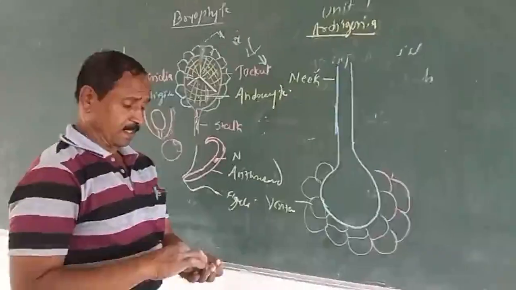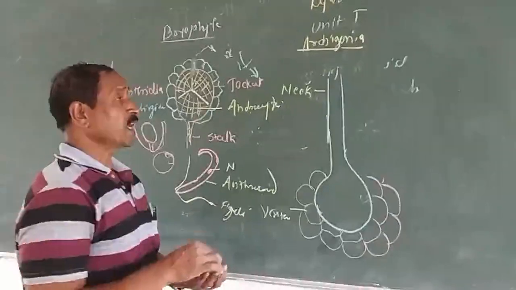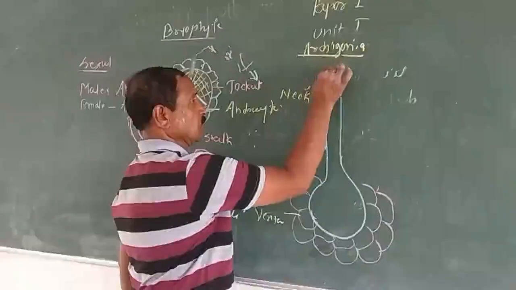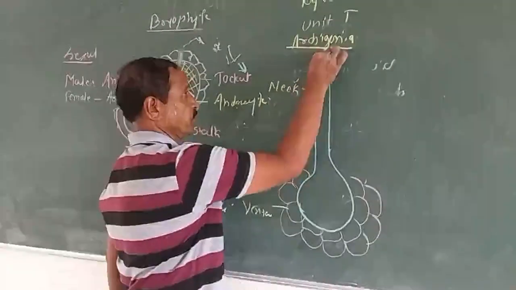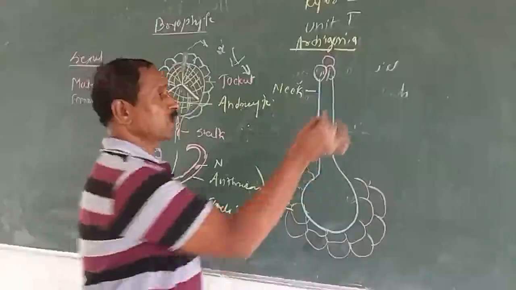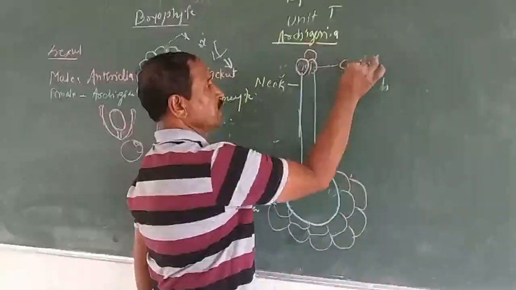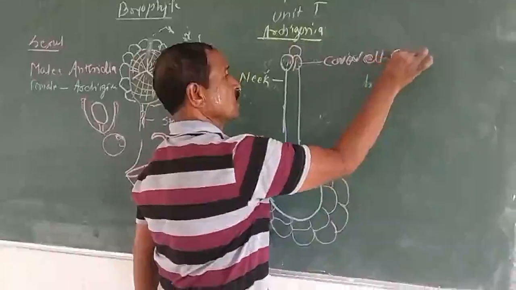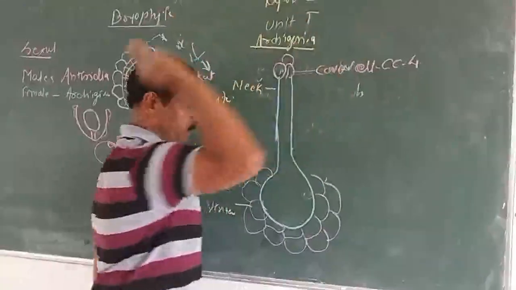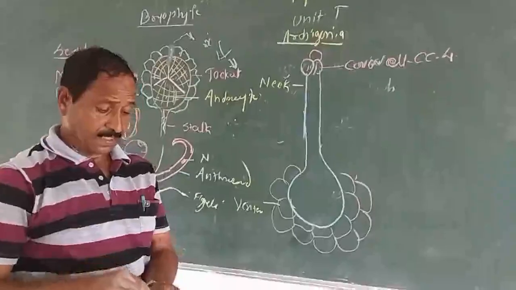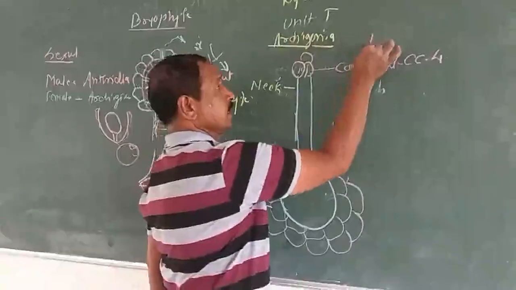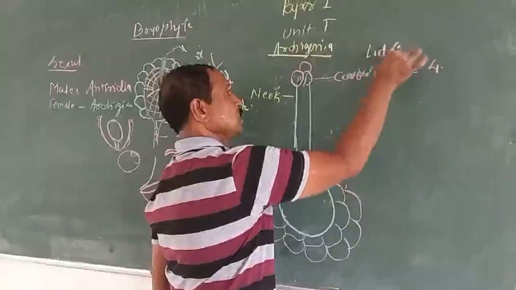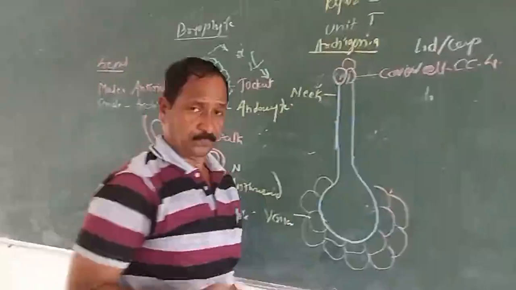The upper part shows 4 cells. These 4 cells are called cover cells, also called lead cells or cap cells.